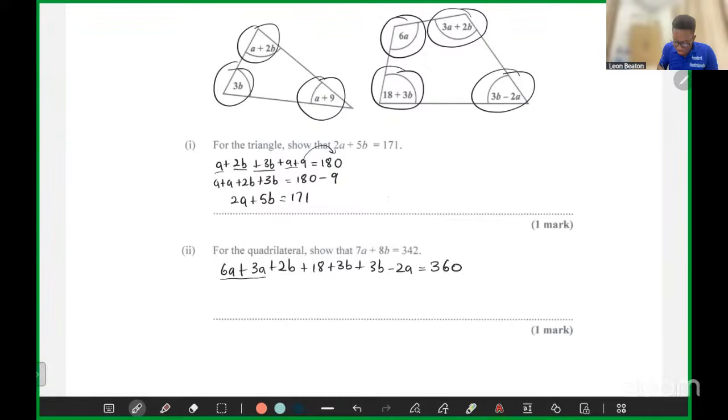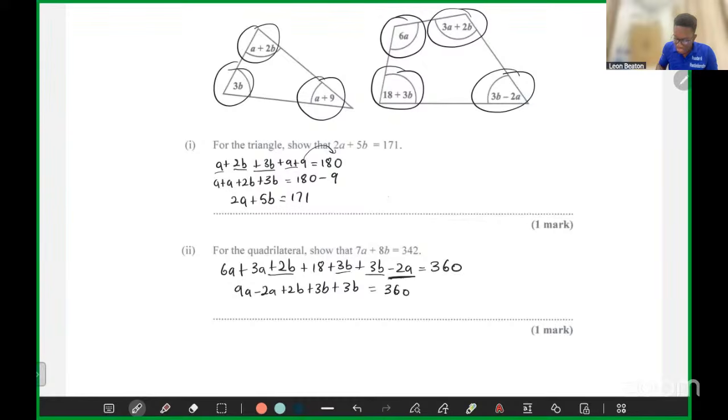So 6A plus 3A, that will give us 9A. And we put all the other A's together. So this will be minus 2A. And you put the plus 2B plus 3B plus 3B. And that would equal 360.